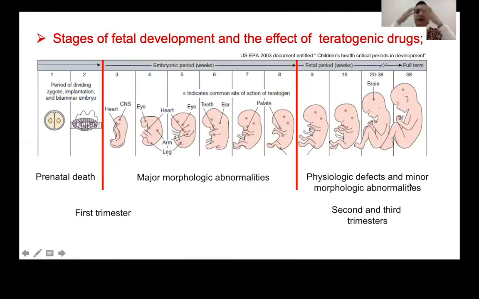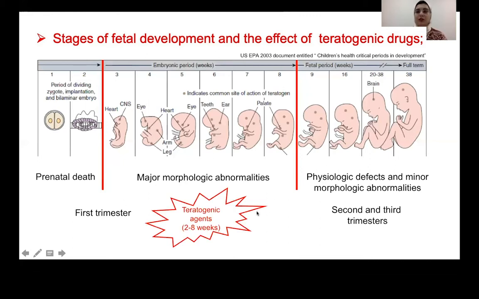It means the morphology may be normal, but the functional or the physiology of the internal organs may have some defects. I want you to remember from this slide, the most important and dangerous period is from the 2 to 8 weeks. The teratogenic agent can have a very big effect during the 2 to 8 weeks.